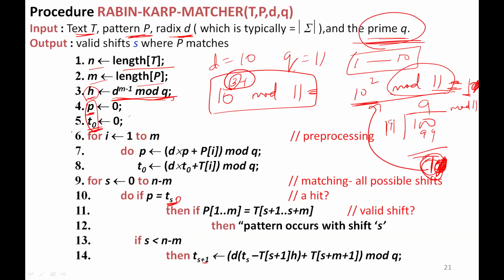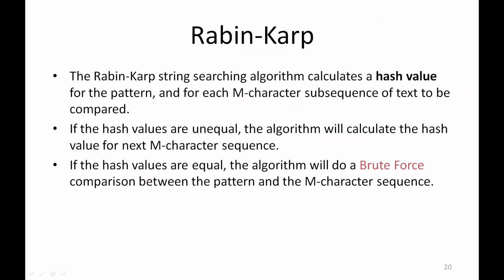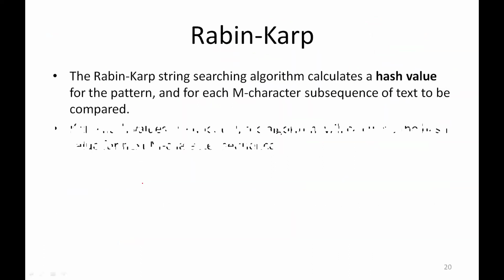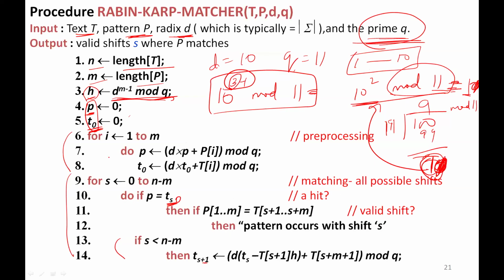Before going to the example, let me explain what these for loops are doing. It's very important. It is basically what is written in this area of the pseudocode. Here we're checking whether the hash values are the same, right? So that part comes over here. The first step is you need to find the hash value.